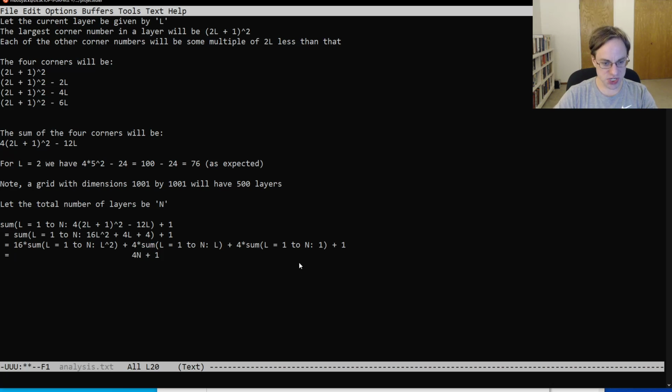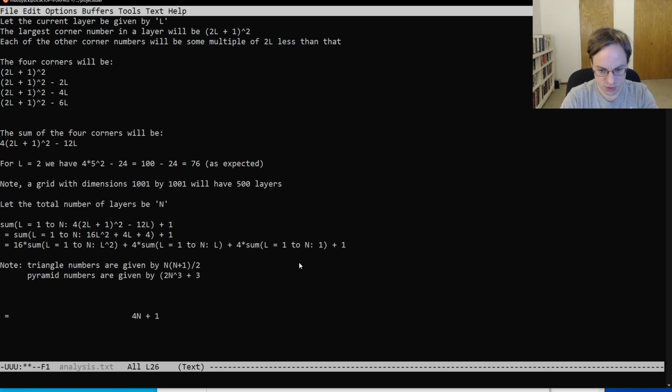Now, looking at this second sum here, we know, let me just note, the triangle numbers are given by n times n plus 1 over 2, and pyramid numbers are given by, let's see, I believe it's 2n cubed plus 3n squared plus n over 6.